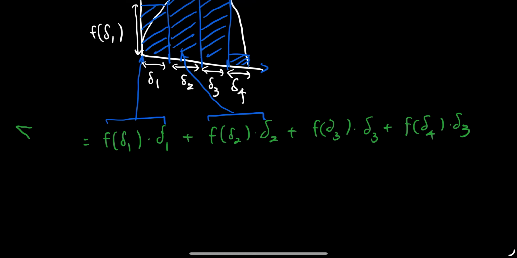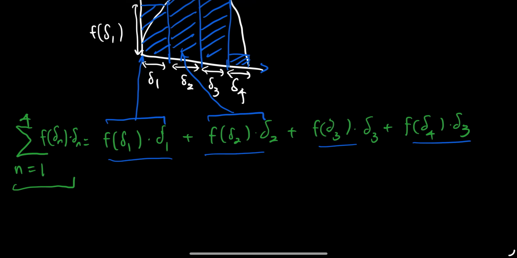So this is known as the summation of n equal to 1 to 4 of f of delta n times delta n. It's just a way to express this. Oh, sorry, it's not 5, it's 4. This is just a way to express the summation of all 4 rectangles.